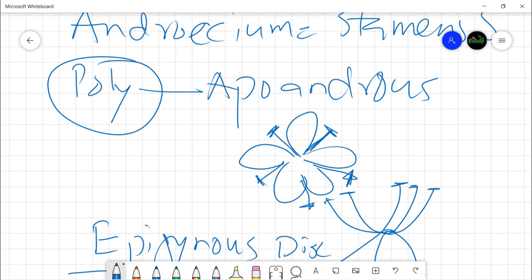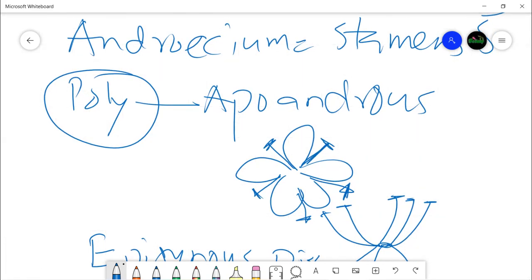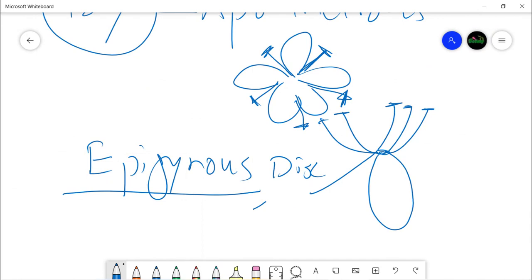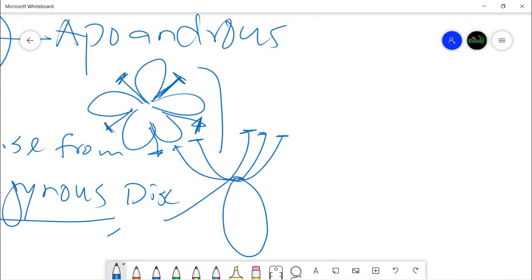Stamens are 5 and they are free, apoandrous. They arise from an epigynous disc, and this is their alternate position. So they alternate with petals.